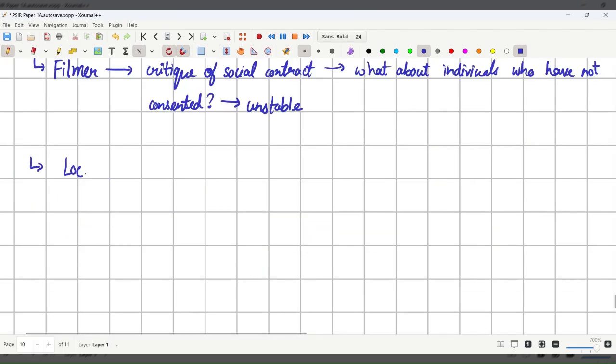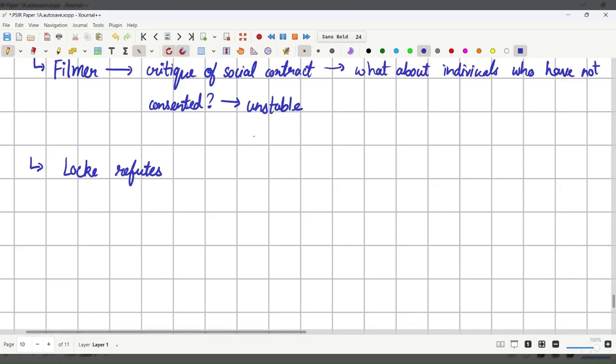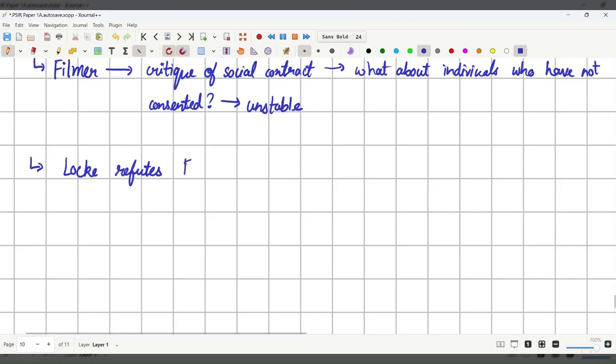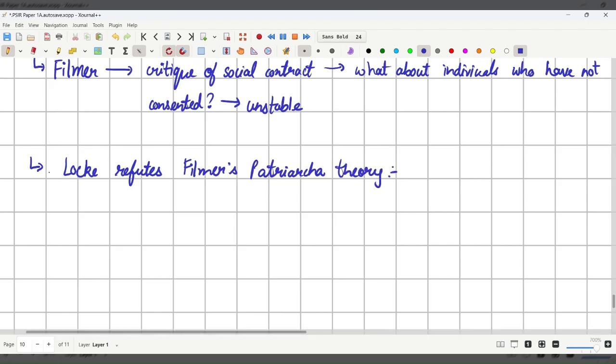So Locke refutes Filmer's patriarchal theory. According to Locke, first, he rejects patriarchalism.